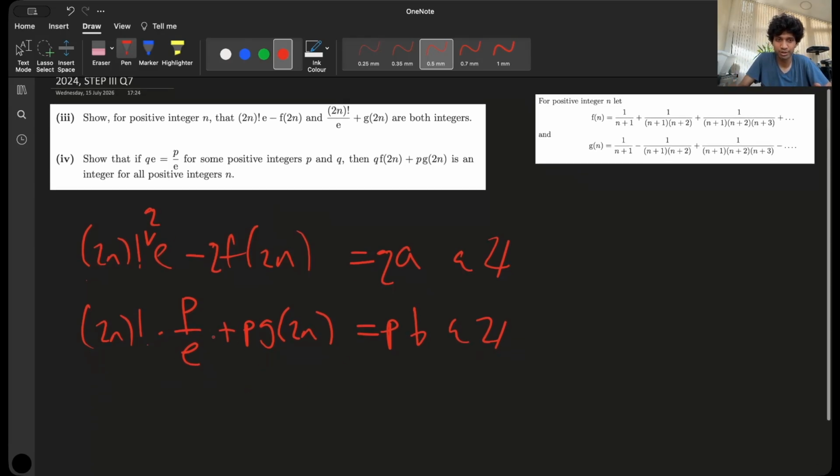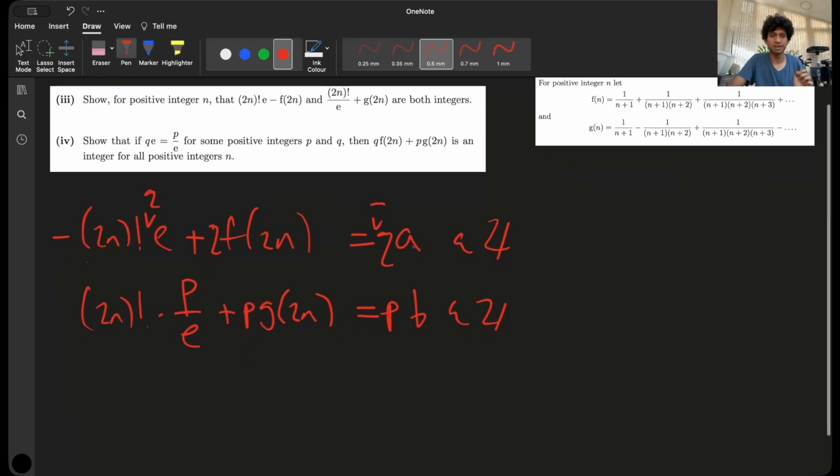So if we just multiply the top bit by minus 1 and add the two together, we're going to be done. We get that qf of 2n plus pg of 2n is equal to pb minus qa, which is an integer. I'll write that again for completeness.